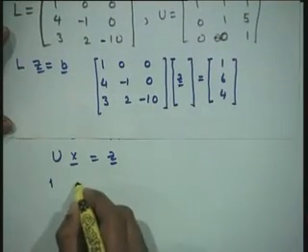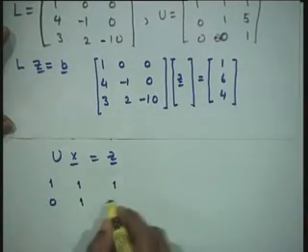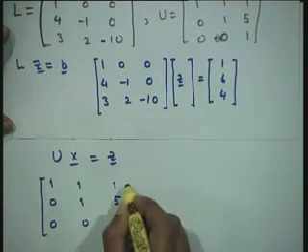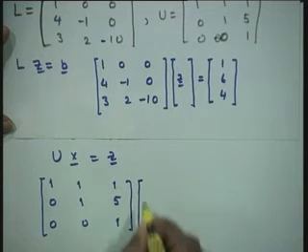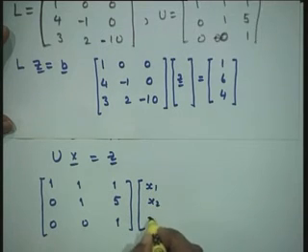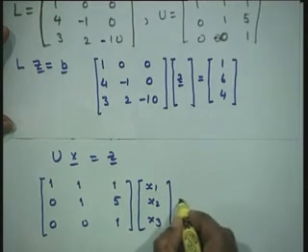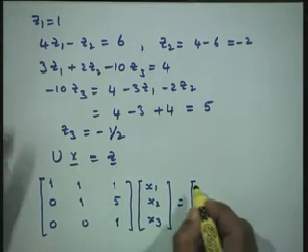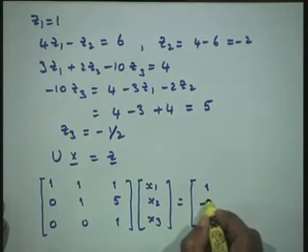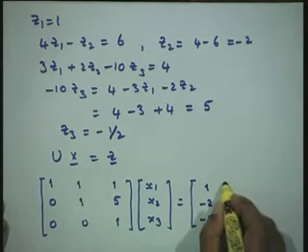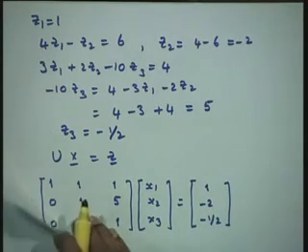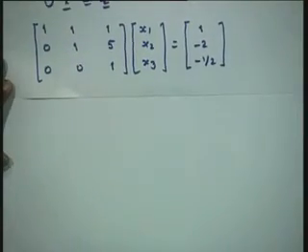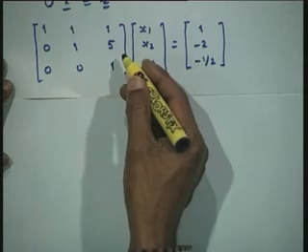So, that is your 1 1 1, 0 1 5, 0 0 1, and the variables are x 1 x 2 x 3, and the value of z that we have obtained, that is 1 minus 2 minus half. Now, back substitution would give us the solution.